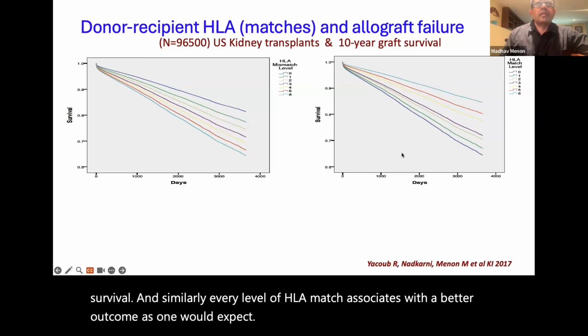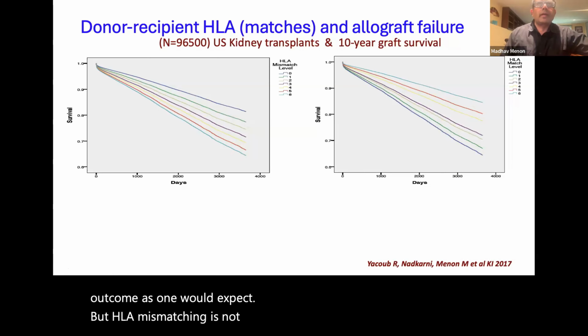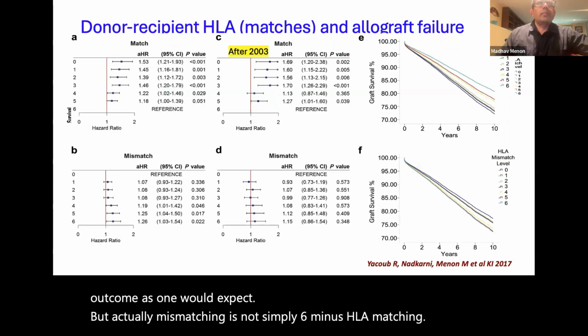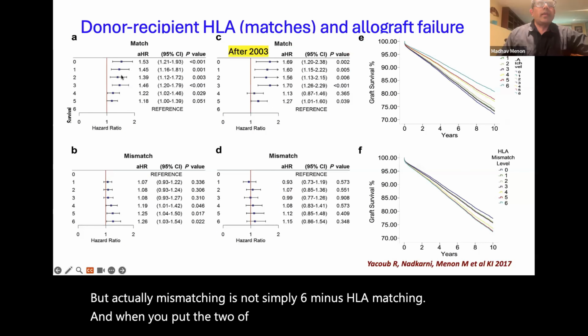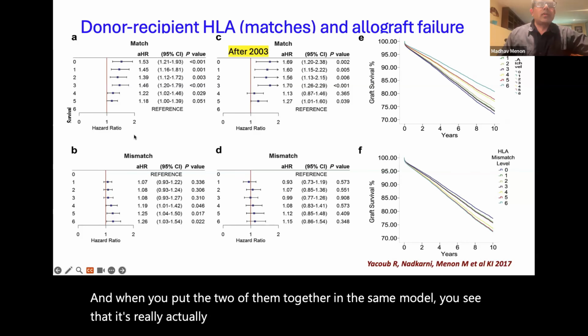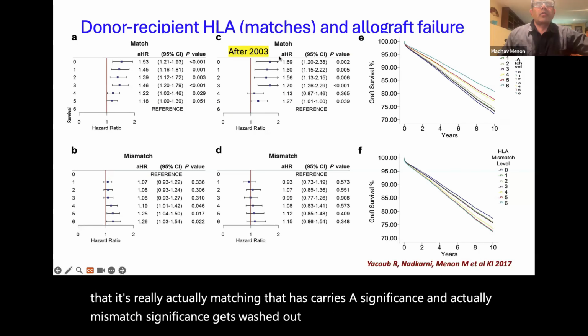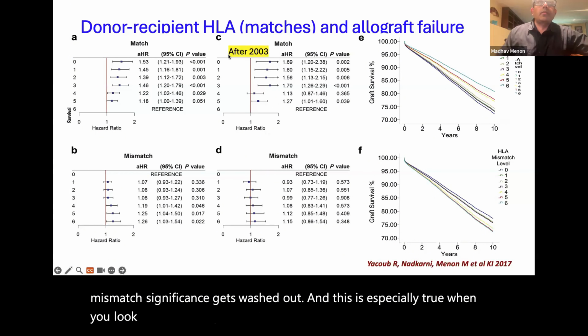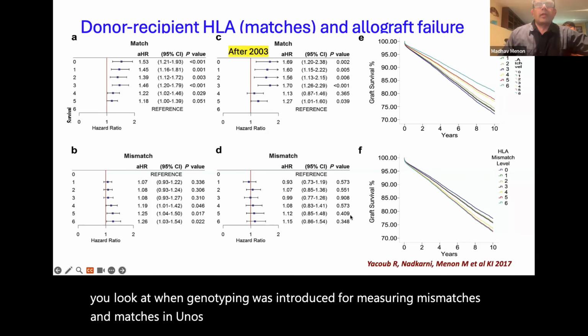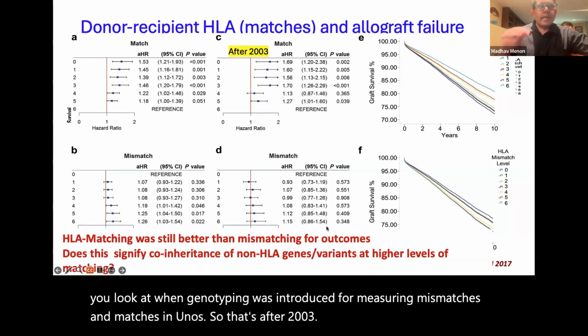But HLA mismatching is not simply 6 minus HLA matching. And when you put the two of them together in the same model, it's really HLA matching that carries the significance, and HLA mismatch significance gets washed out. And this is especially true when you look at when genotyping was introduced for measuring mismatches and matches in UNOS. So that's after 2003.